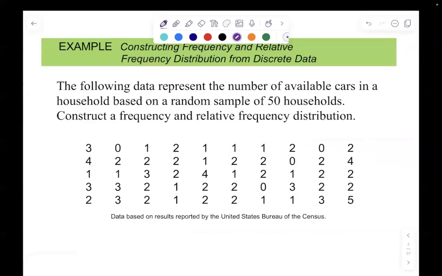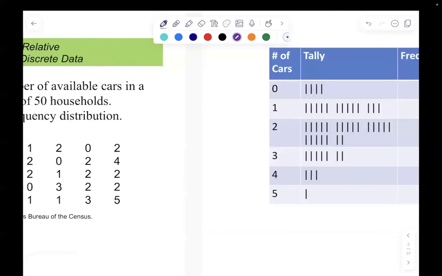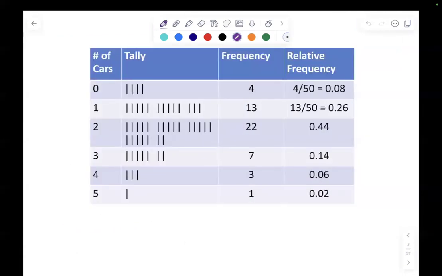So let's talk real quick about discrete data. We had frequency tables and relative frequency on Tuesday. When you're using discrete data, we kind of treat the numbers as if they're not numbers. Let me show you. Once again, this is the number of cars people own in their household.